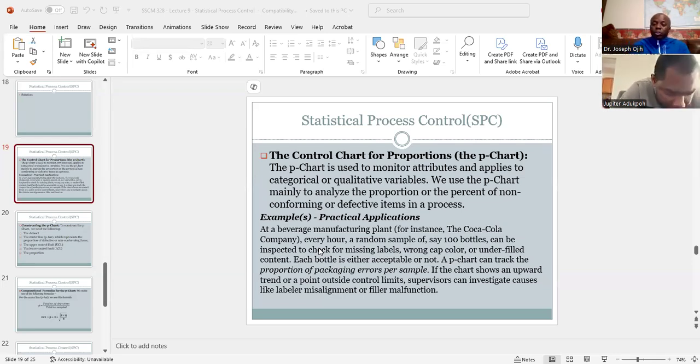If the P chart shows an upward trend or points outside the control limit, it will attract the attention of the supervisors to investigate the causes and take care of the problem before it gets out of hand and starts affecting the profit of the company.